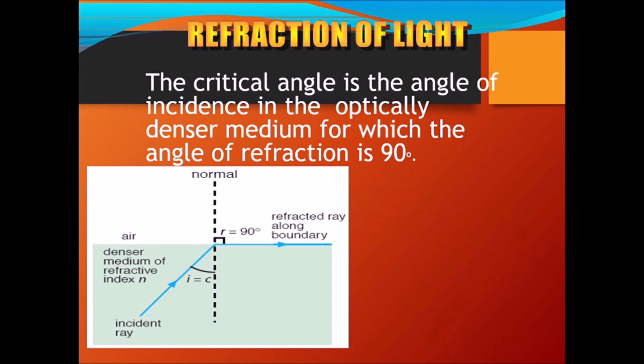So here the angle of refraction is 90 degrees, so this I equals C. So this I, that is the angle of incidence, is called the critical angle because at this angle the angle of refraction will be 90 degrees.